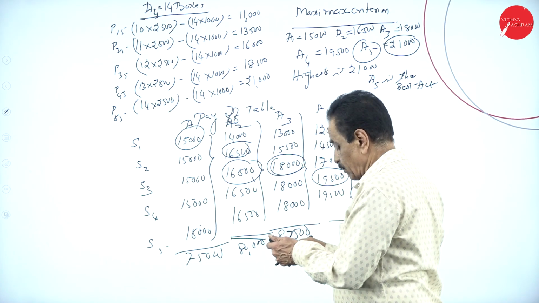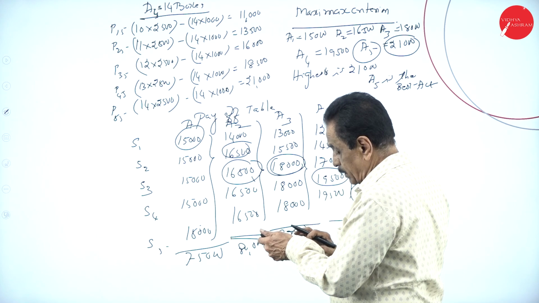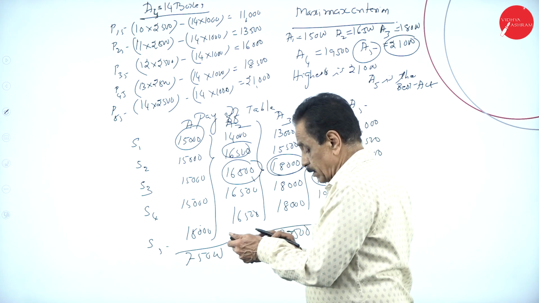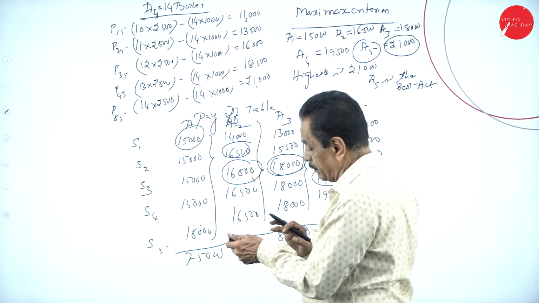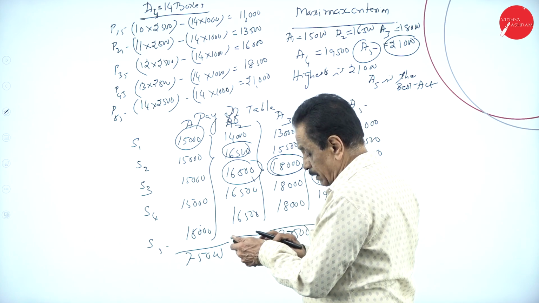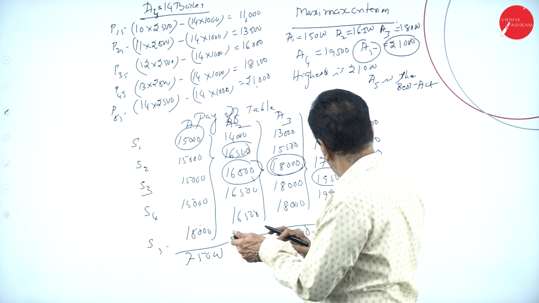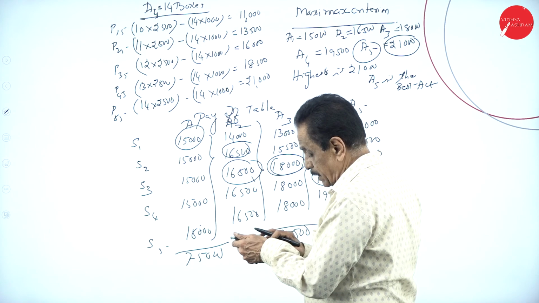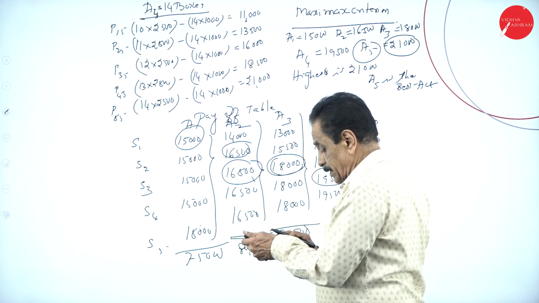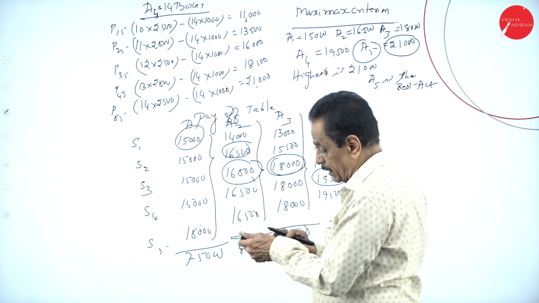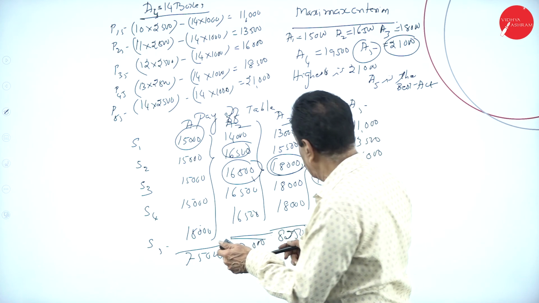Then A4: 12,000 plus 14,500 plus 17,000 plus 19,500 plus 19,500, 82,500.